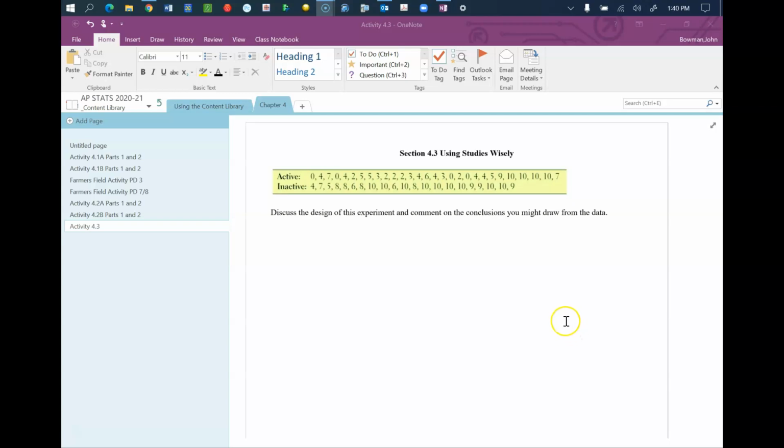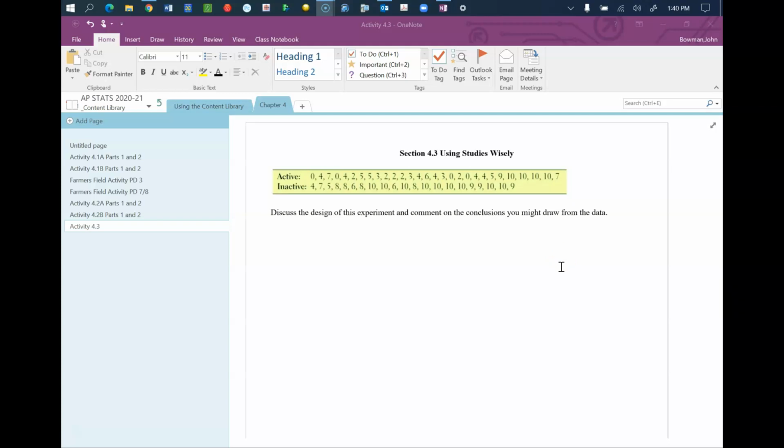It used randomization. The treatments were randomly assigned to the subjects, or the subjects randomly assigned to the treatments. It used replication. Each treatment was applied to numerous experimental units, which were the subjects. It used comparison. The difference in the average pain scores after treatment were compared, and it turns out that the difference in the averages was 4.14.